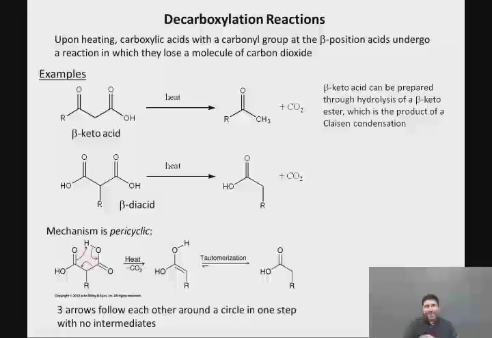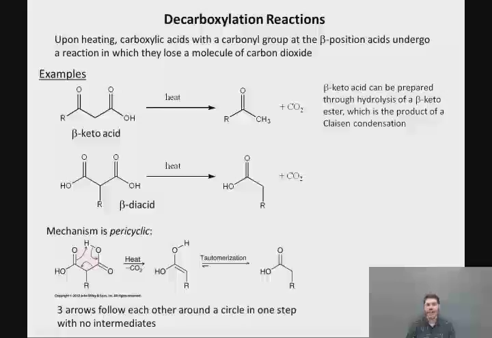Okay, the driving force of this reaction is that carbon dioxide is a very stable molecule, and it is a good thing to kick off as what is essentially a leaving group, although this is not a substitution reaction. So after going through the process that I have described, you end up with an enol. Okay, so a carbon-carbon double bond and an OH.